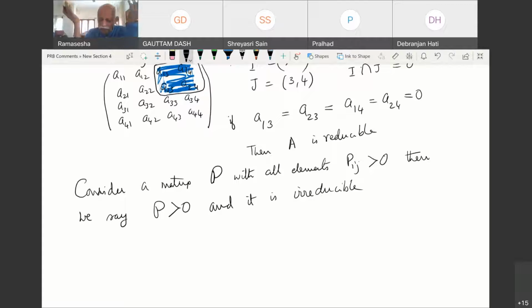So when you don't have any 0 elements in the matrix, then obviously the matrix is irreducible, right?